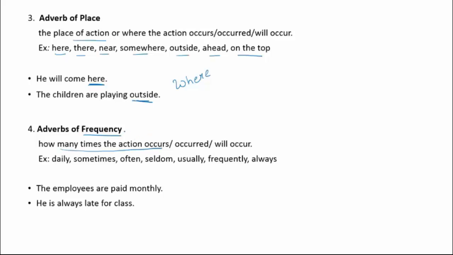Some adverbs tell us the exact frequency, for example daily, weekly, yearly. Others don't specify an exact time frame, like sometimes, often, rarely. So some examples are daily, sometimes, often, seldom, usually, frequently, always. The employees are paid monthly. He is always late for the class. So this usually answers the question when.